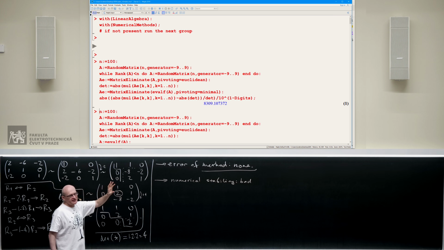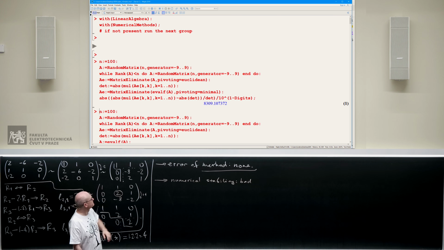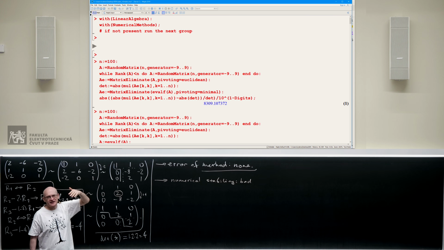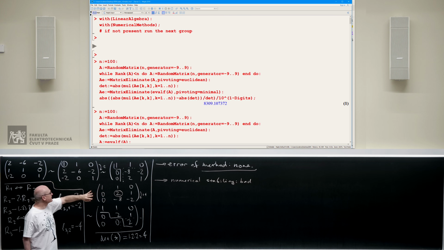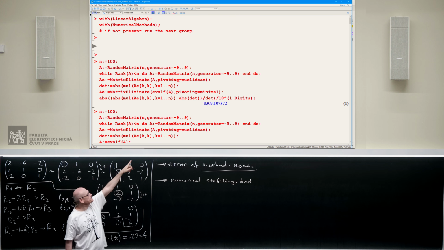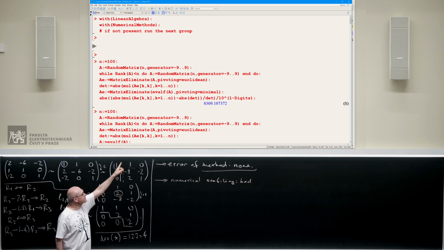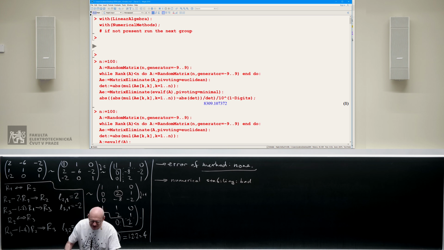When we have a relative error and we multiply it by 10, it means that we are losing one, let's say, reliable digit from the answer, one digit that we can reasonably trust. So the error is 8,000 times larger, which means I lost 4 digits of reliability. By the way, originally, I would trust something like 9 digits, because Maple by default works with 10 digits precision. Now, if I lose 3 digits or 4 digits out of 9, I'm losing essentially half of precision. This is really bad. This was just one random matrix.